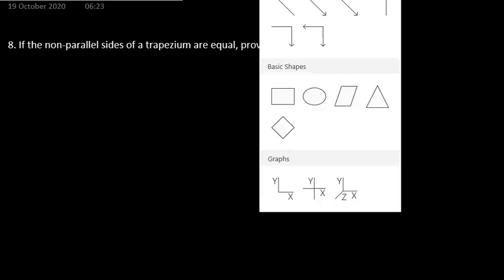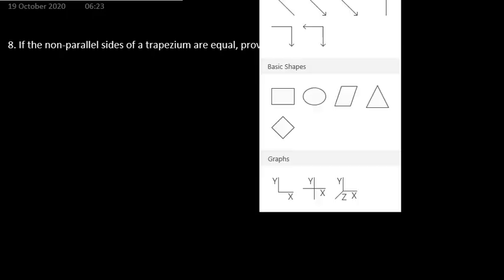Now let us go to the next question, 8th question. If the non-parallel sides of trapezium are equal, prove that it is cyclic. So I have a trapezium with non-parallel sides equal. A trapezium is a 4-sided figure having one pair parallel.